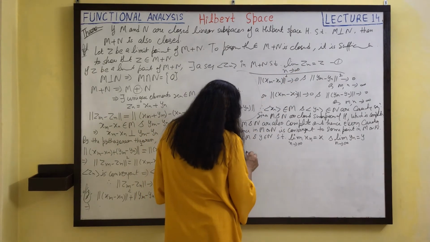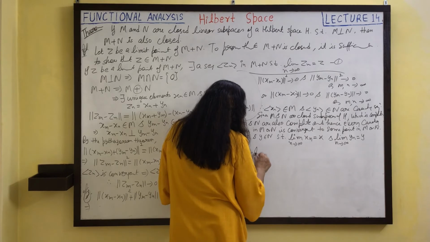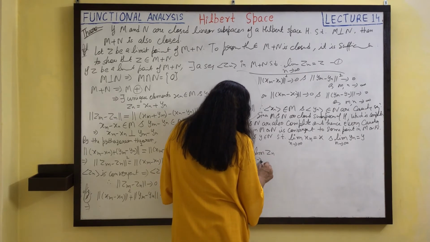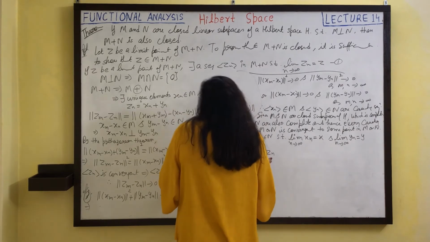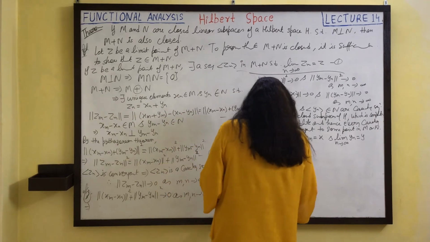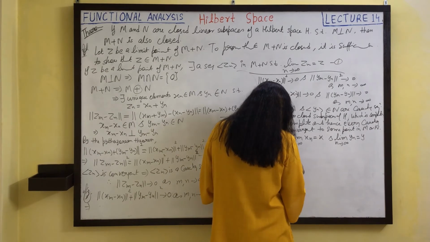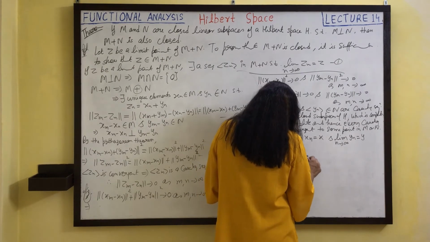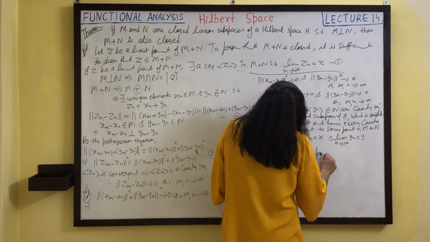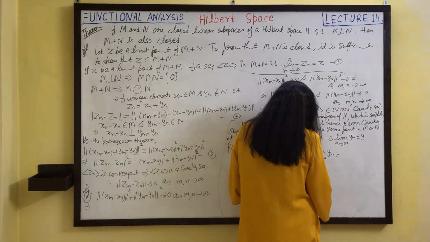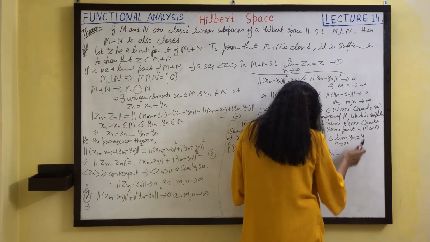Now from 1 we can write z is equal to limit of zn, and zn is equal to xn plus yn. Therefore it is limit of xn plus limit of yn, and we can replace limit of xn by x and limit of yn by y.